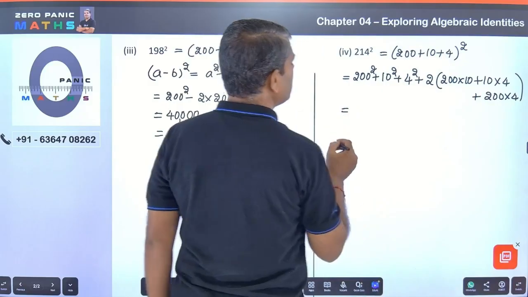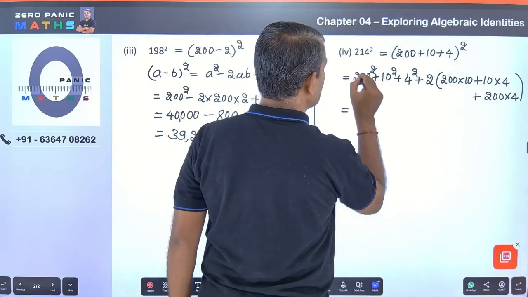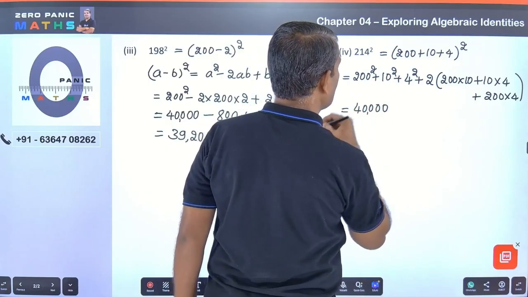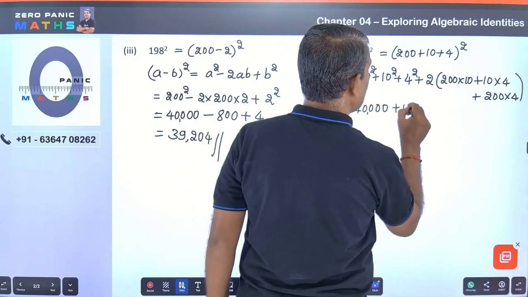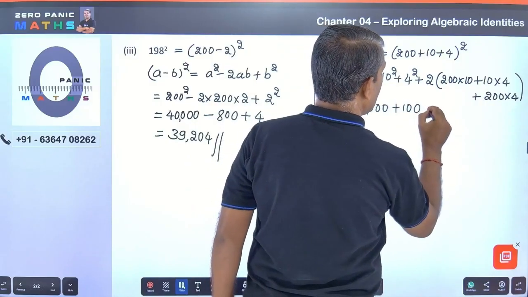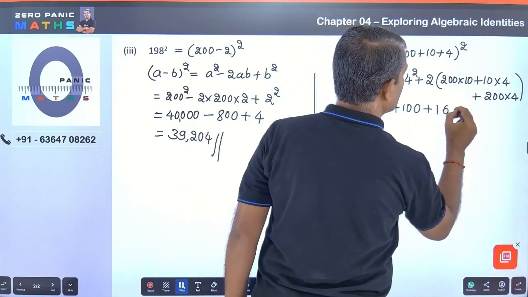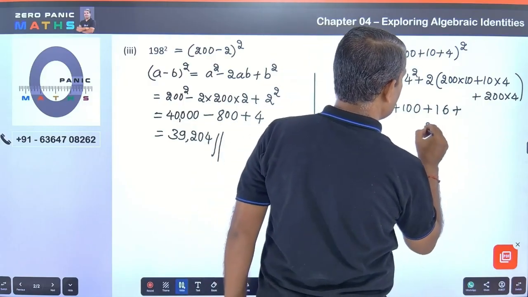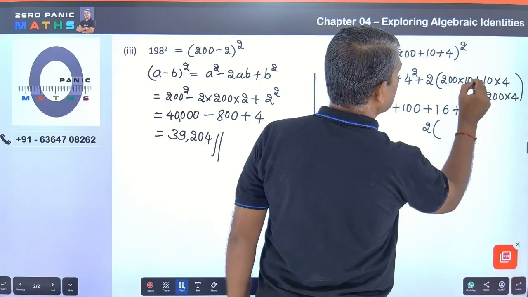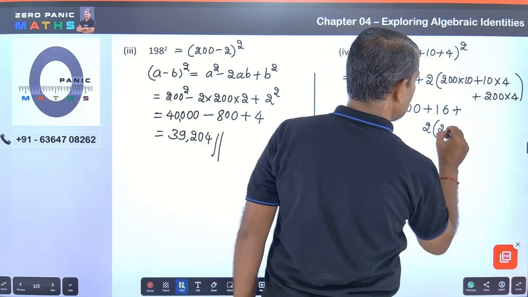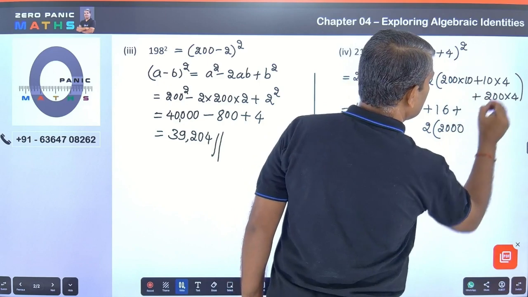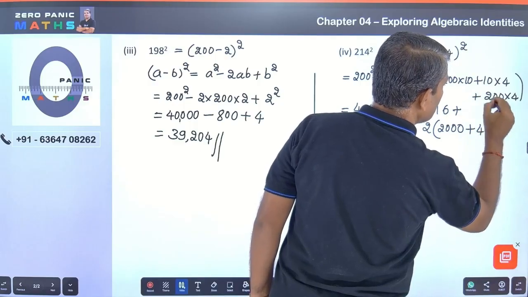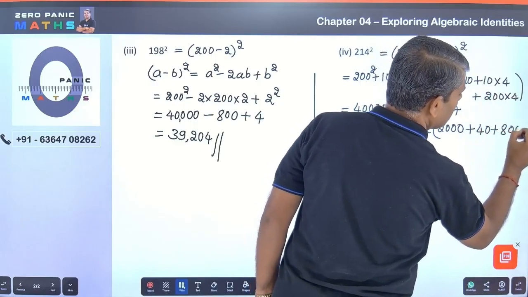Now 200 square is 2 twos are 4 followed by 4 zeros, that is 40,000 again, and 100 for the 10 square and 16 for 4 square. Plus I will write it in the next line: 2 times of 200 into 10, that is 2000, plus 10 into 4, that is 40, plus 2 fours are 8, that is 800.